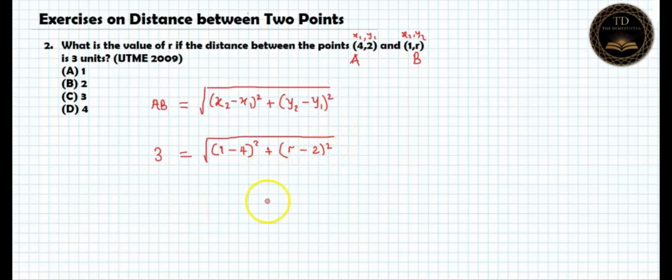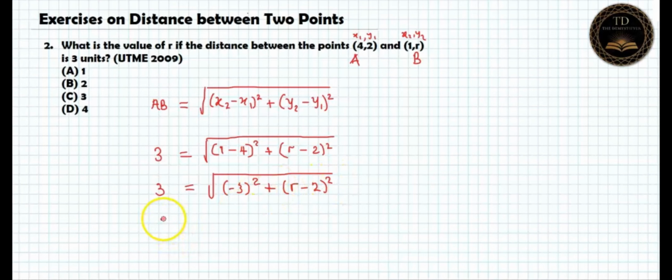Okay, so let's just deal with what is under the root sign first. So we have this 1 minus 4 is minus 3 all squared, and then we're just going to leave this like this, r minus 2 all squared.